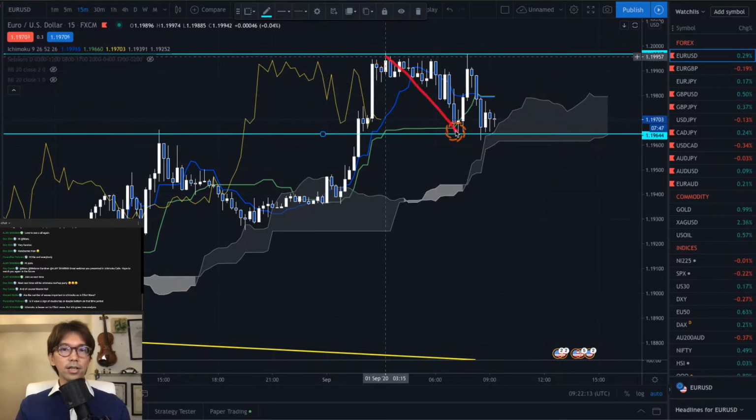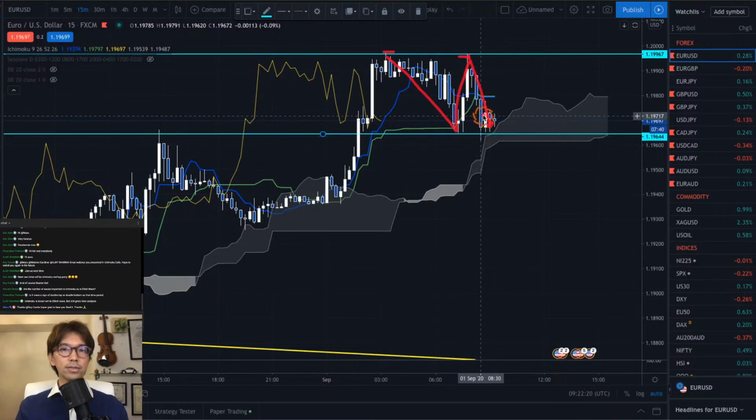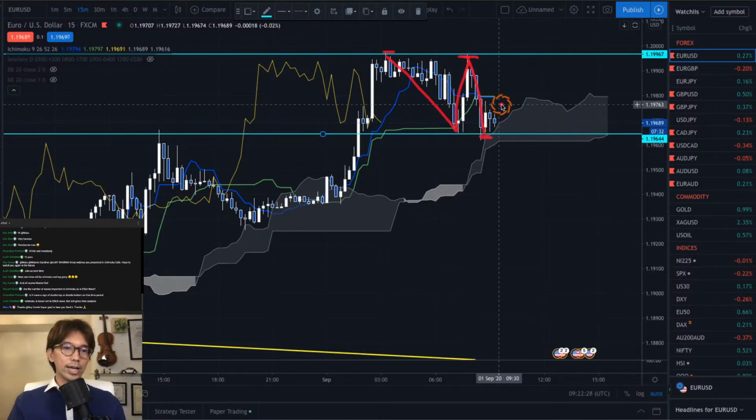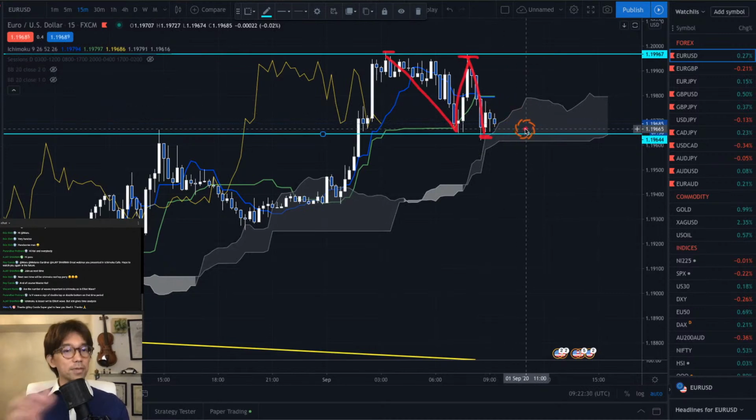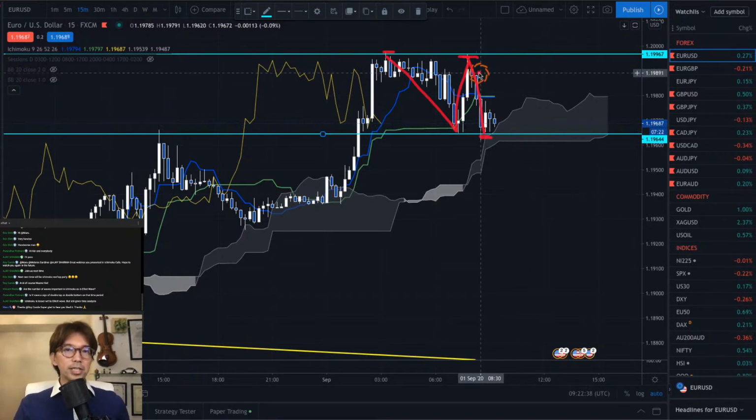From here to here, it was a V wave, and from the top to the bottom, this is becoming an I wave now. Or more technically, from here to this low, this is an I wave, and we don't know how the wave is going to form in the future. So depending on how it forms, we just create the next wave, and we just apply this wave analysis so that we can foresee how the market is going to move in the future.